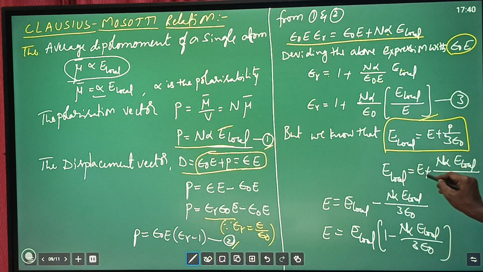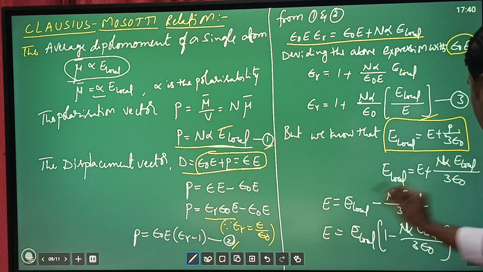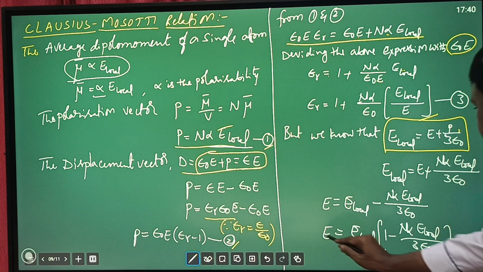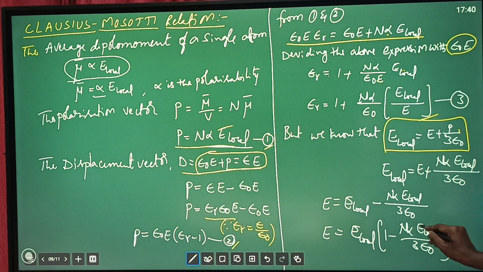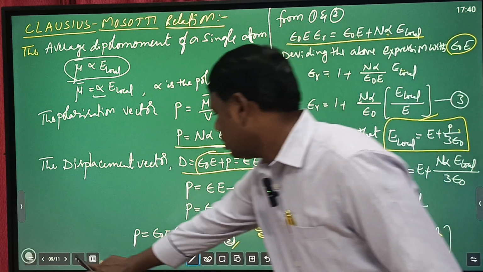So E local is equal to E plus, in place of P we can write N alpha E local divided by 3 epsilon naught. Sending the entire value to the other side, E is equal to E local minus N alpha E local by 3 epsilon naught. Taking E local common, E is equal to E local into 1 minus N alpha by 3 epsilon naught.